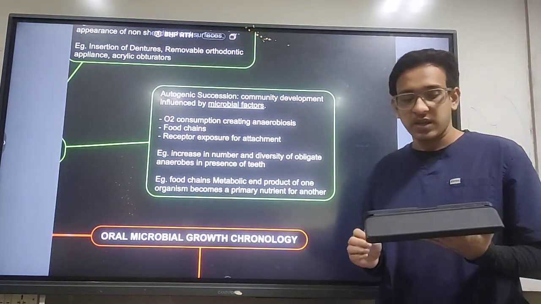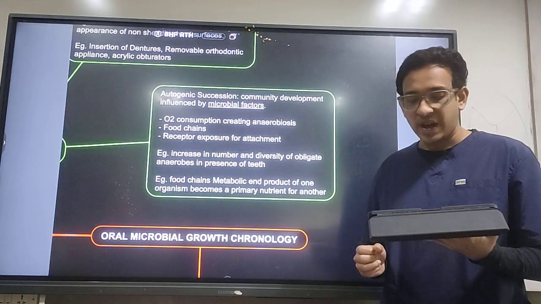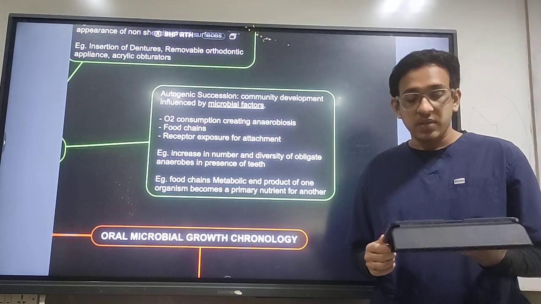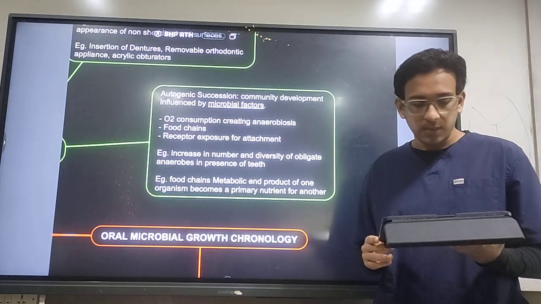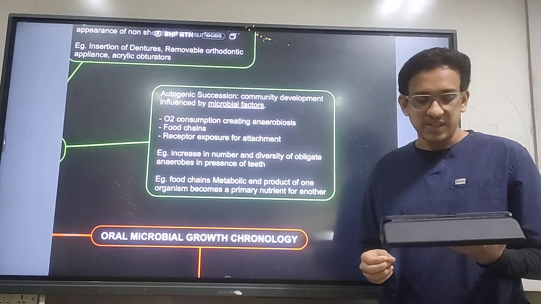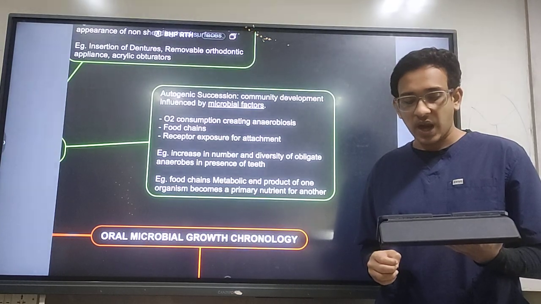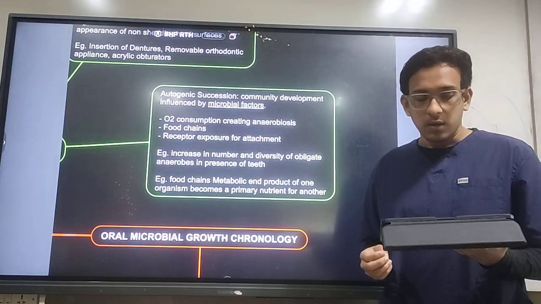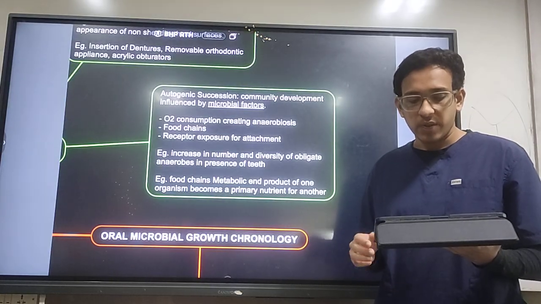An example is the increased number and diversity of obligate anaerobes present in the presence of teeth. Another example is the food chain, where metabolic end products of one organism become the primary nutrient for another organism.